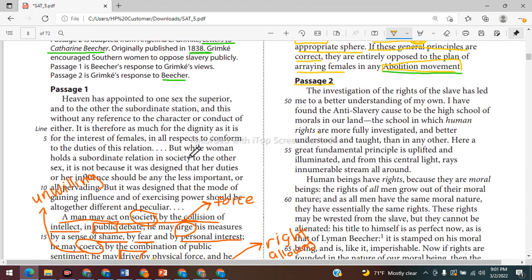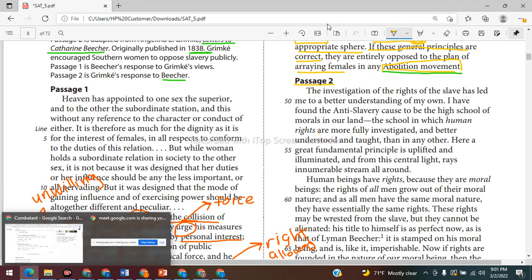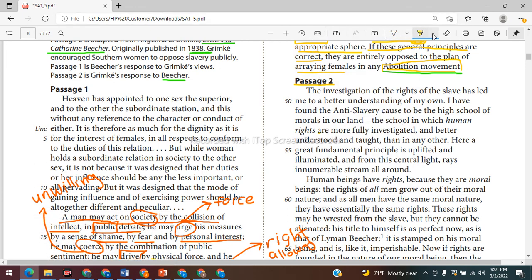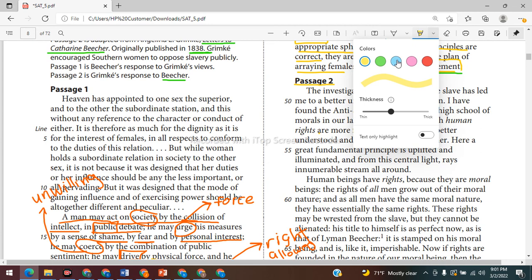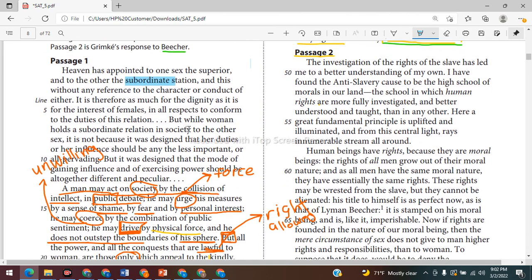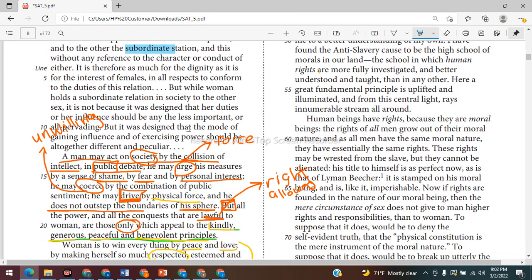But in the meantime, I want you to consider these words. I'm going to highlight them and look up their definitions. The first word is subordinate. Subordinate, that's a good one. The next one is subordinate relation, designed. Peculiar, like this one, peculiar.